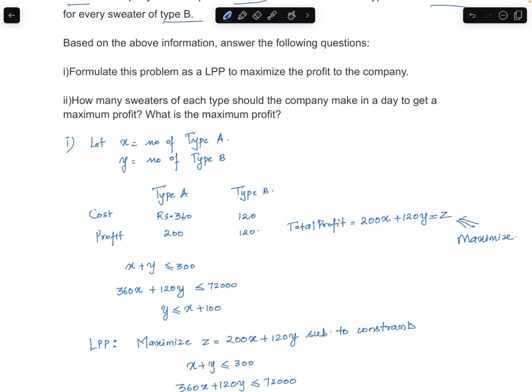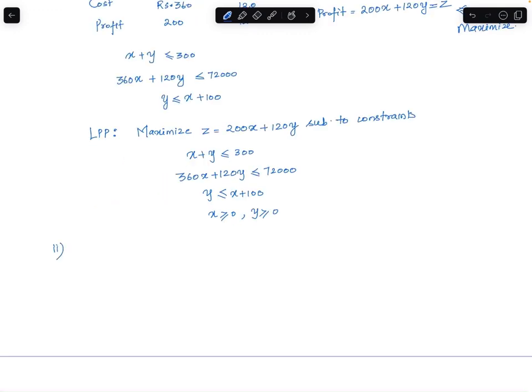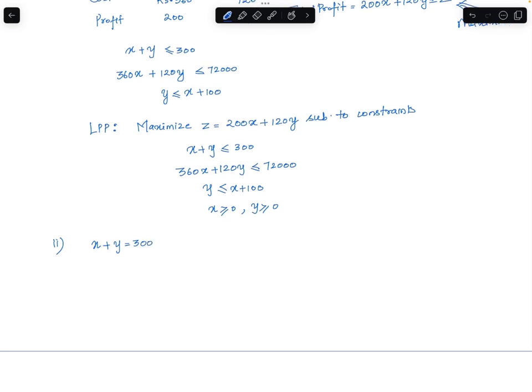Question 2. How many sweaters of each type should the company make in a day to get a maximum profit? And what is the maximum profit? We have to convert all the linear inequations to linear equations. So the first constraint is X plus Y less than or equal to 300. We make it X plus Y equal to 300. The second constraint is 360X plus 120Y less than or equal to 72,000.